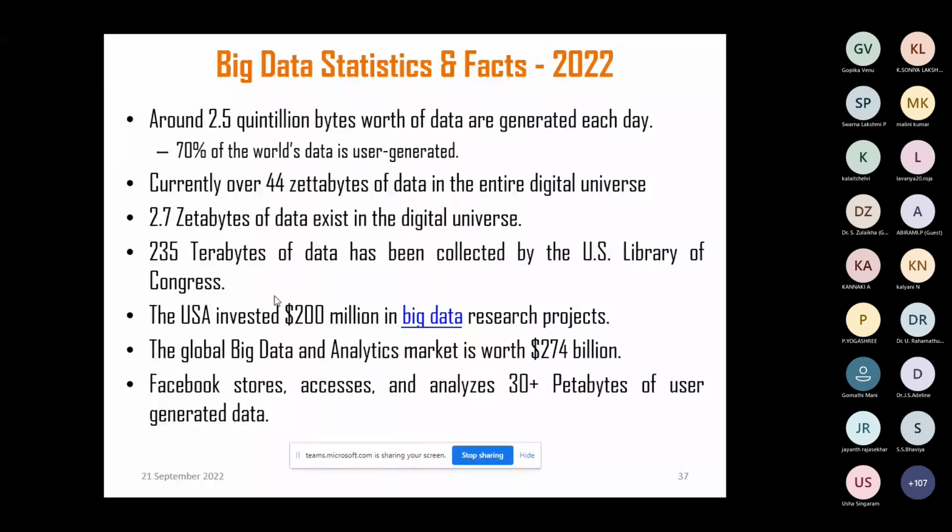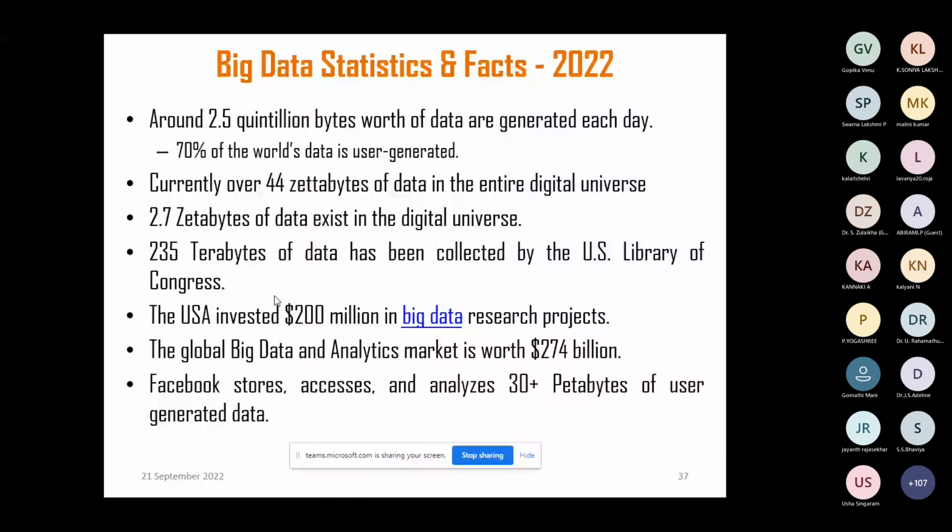And over 44 zettabytes of data exist in the entire universe at present. And 2.7 zettabytes of data exist in digital format, and 235 terabytes of data were especially collected by the US Library of Congress.